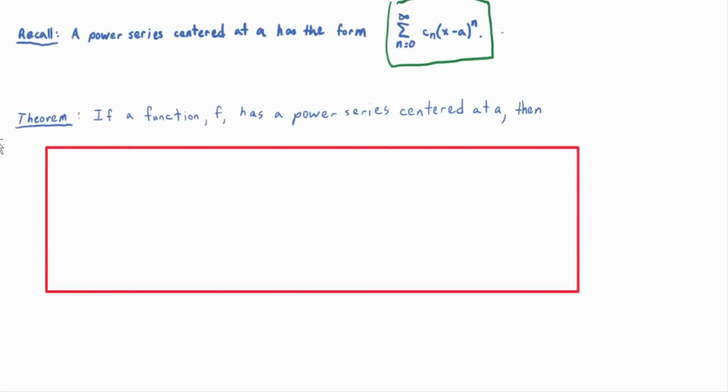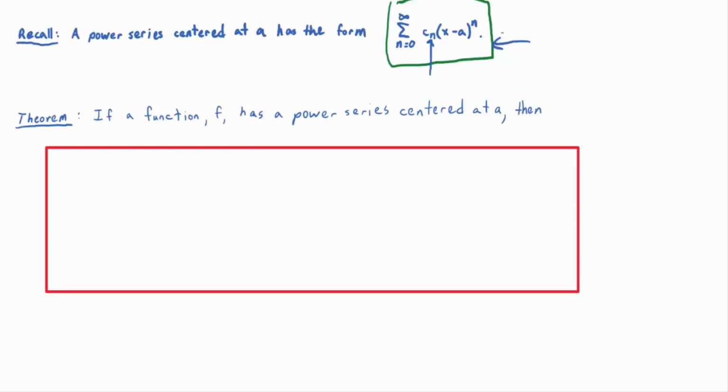So the big theorem, you guys, is if a function f has a power series centered at a, then we can write that function like this. So this is the power series, right? What I'm about to tell you is what the c sub n equal, guaranteed, if that power series exists.